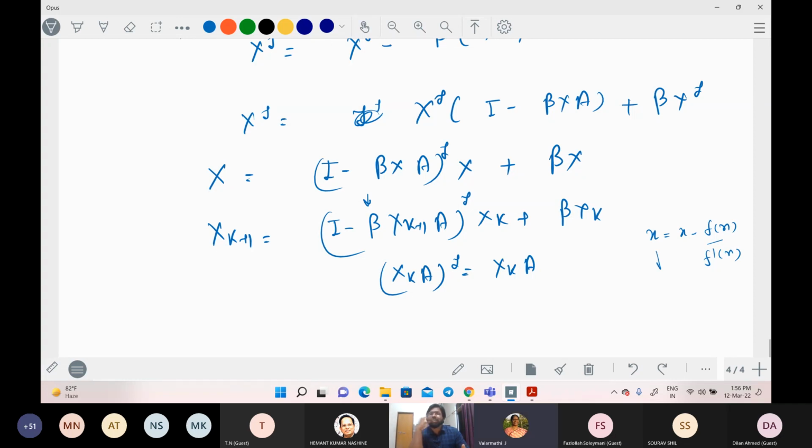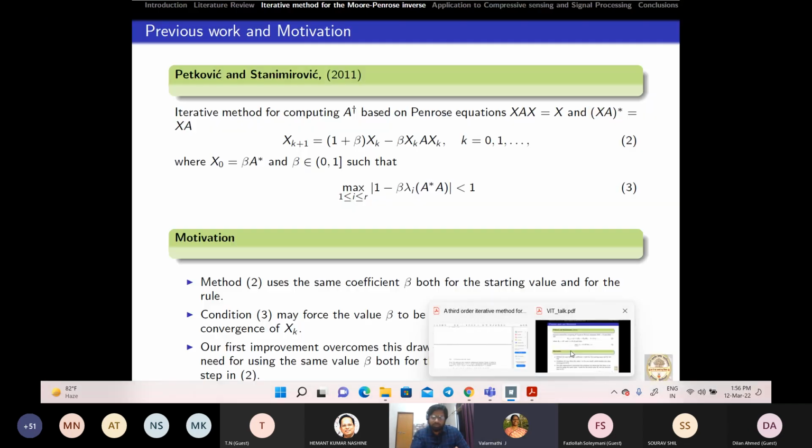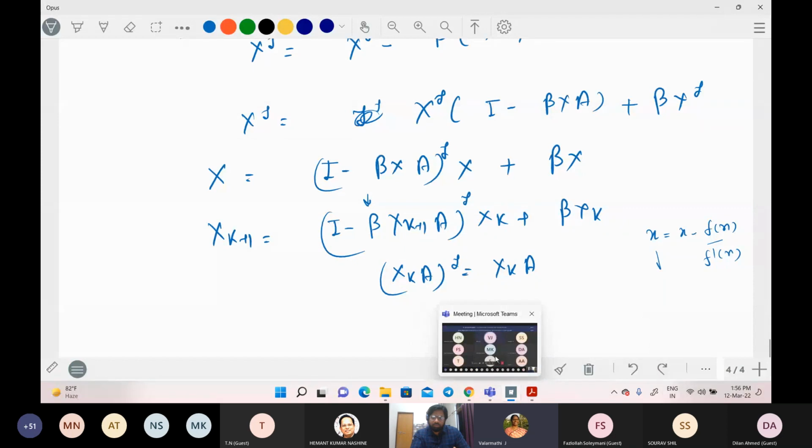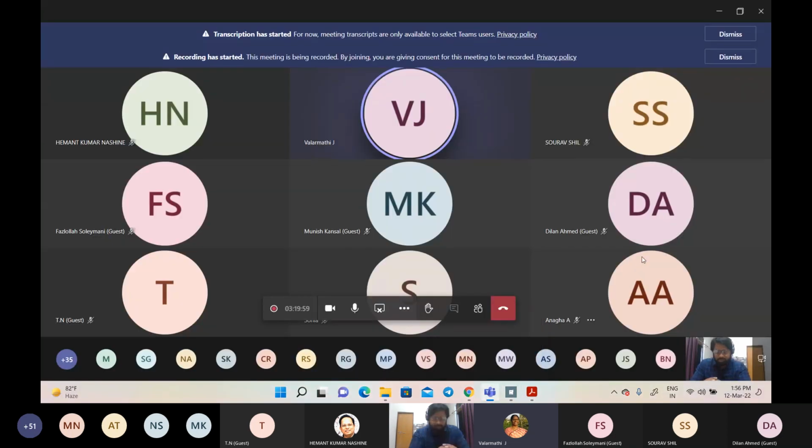Sir, even in the Newton-Raphson method, if any erroneous thing is to be considered, it can be considered by f of x by f dash of x, where the actual data is equal to whatever we have received minus the erroneous one. F of x divided by f dash of x is going to give the erroneous one, right, sir?